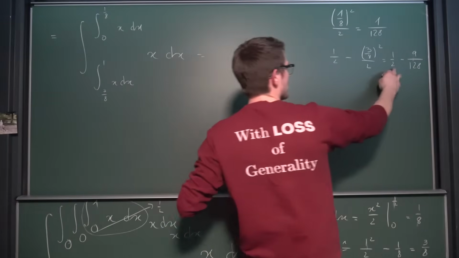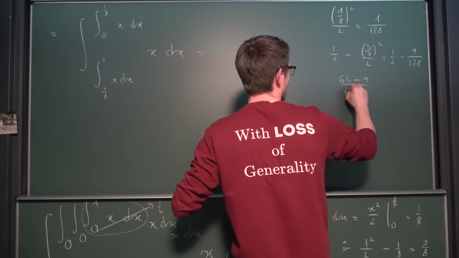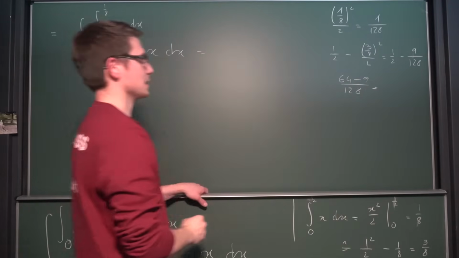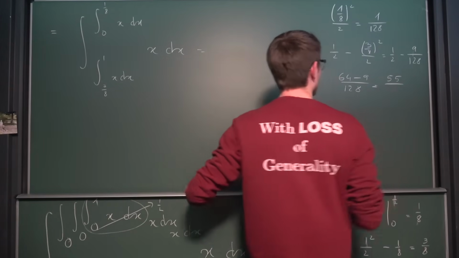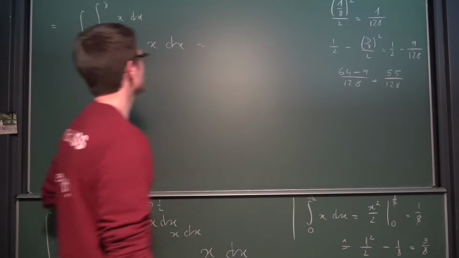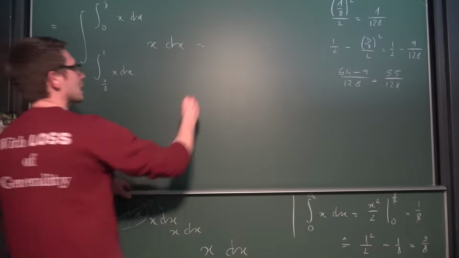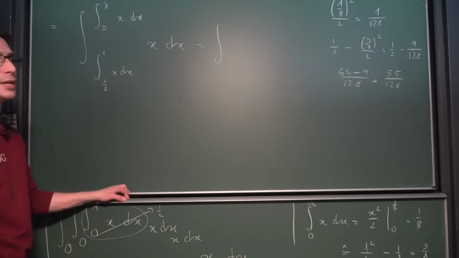This right here expanded by 64, we are going to end up with 64 minus 9 over 128, which is the same as 55 over 128. Okay, perfect.